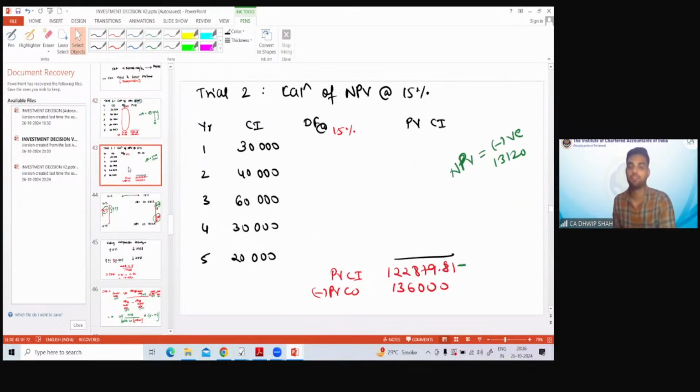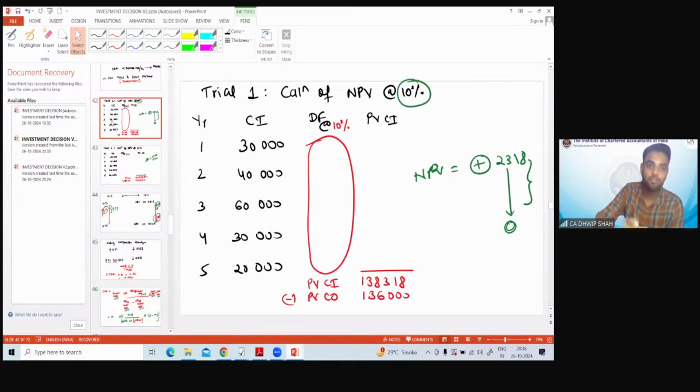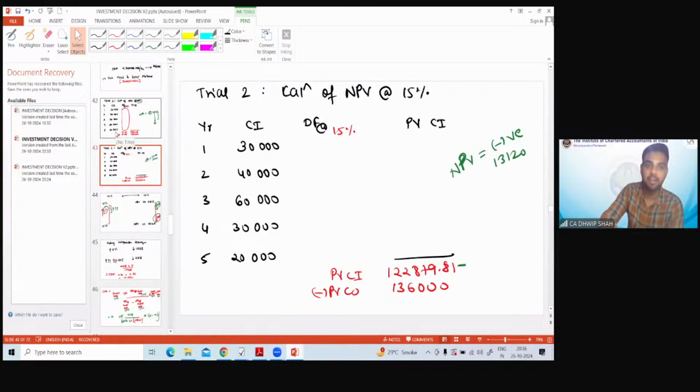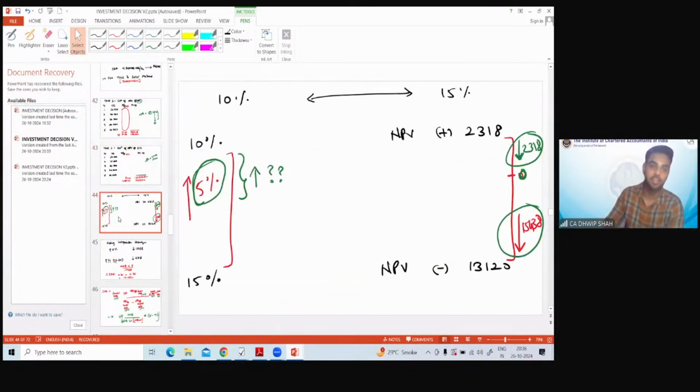Likewise, we did for trial 2. Trial 2 was at 15%. Now in this case, when we use 15% as discounting rate, my NPV comes to negative. My NPV is negative 13,120. So it fell down from positive 2318 to negative 13,120.